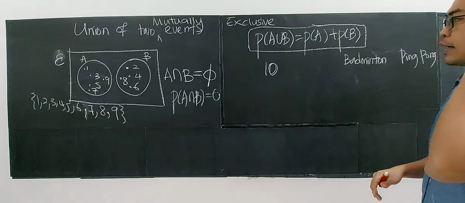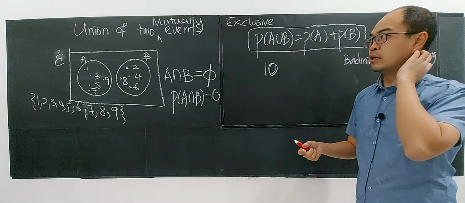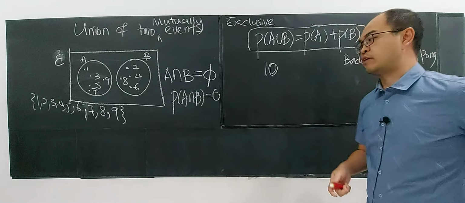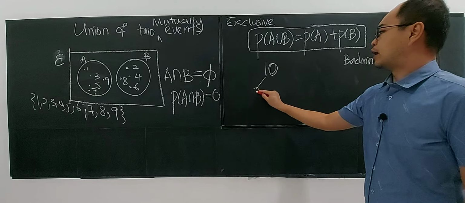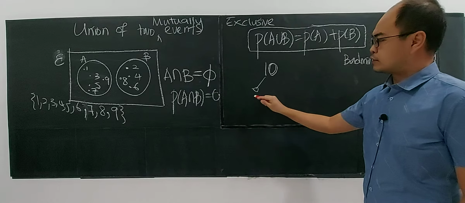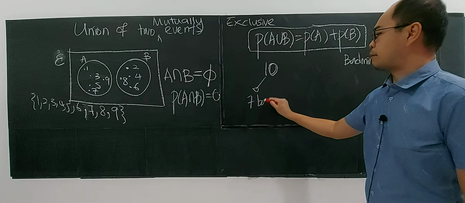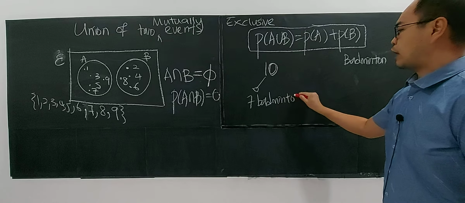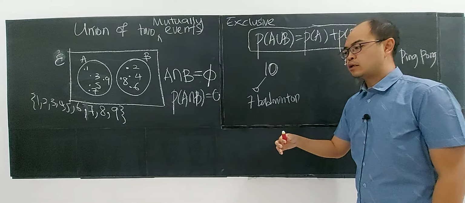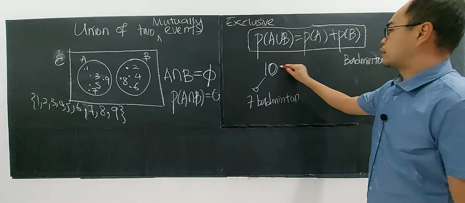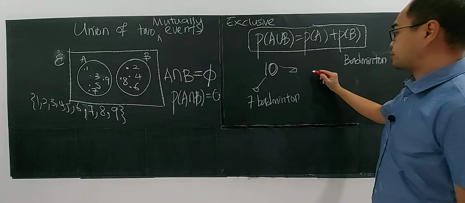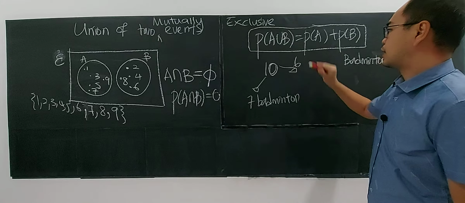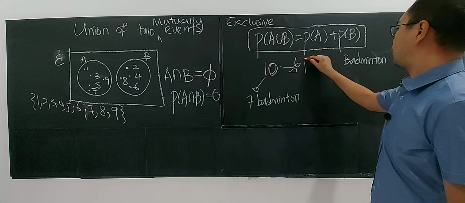So there is a possibility it becomes a non-mutually exclusive event. For example, 7 students are joining badminton. Because you have set the rule that you can join more than one game, maybe 6 are joining ping pong.